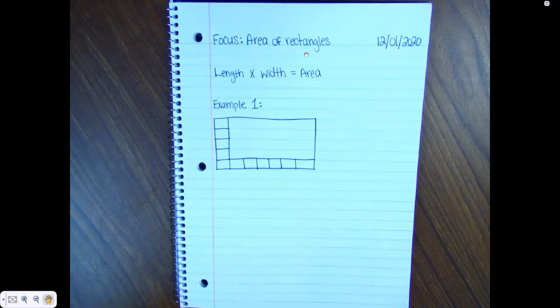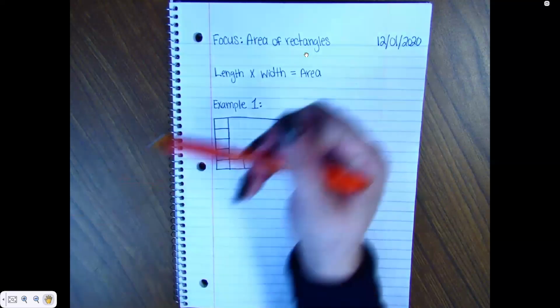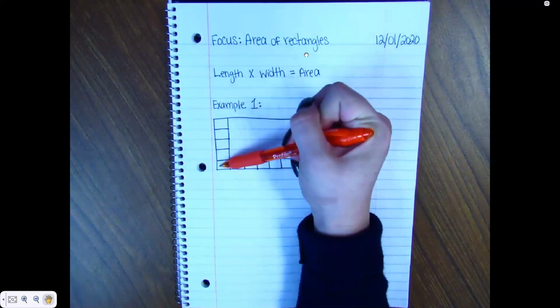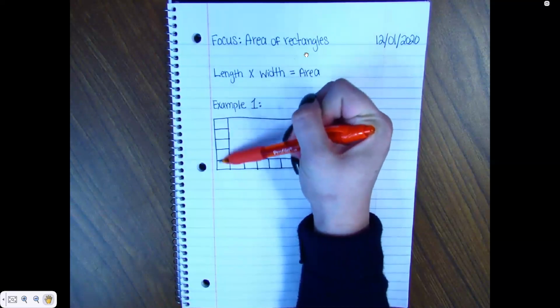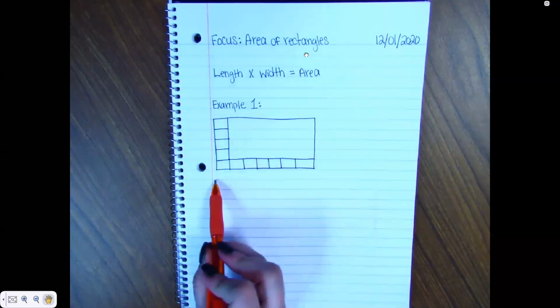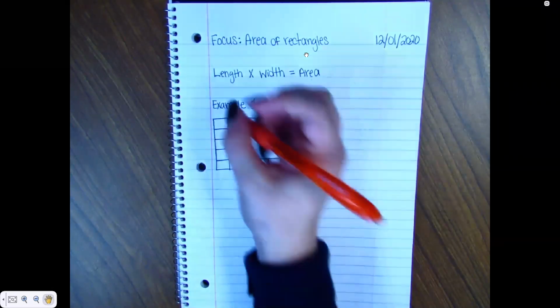Do I just count all the squares all together? No. I specifically need to count the square units, or think about what these are. These sides, the side and the bottom, right? So the length and the width.